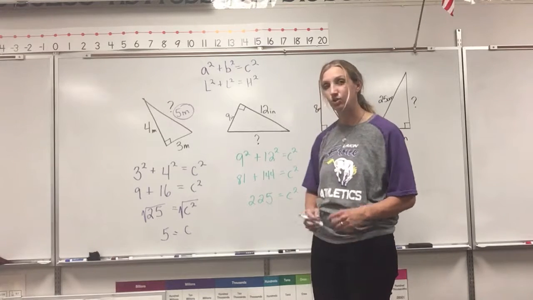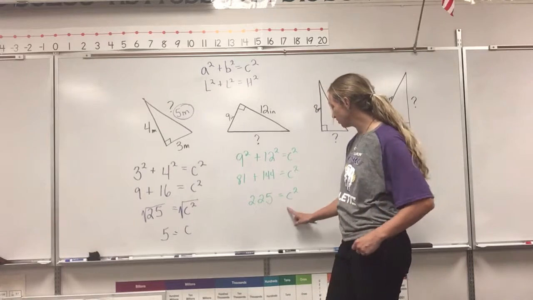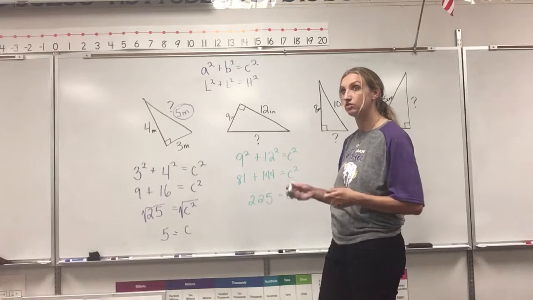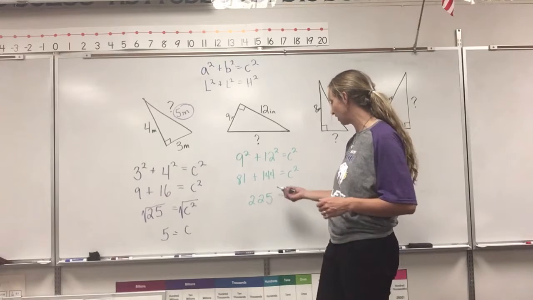That equals c squared. So you have to think of a number times a number that equals 225.